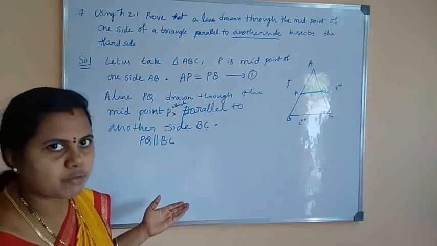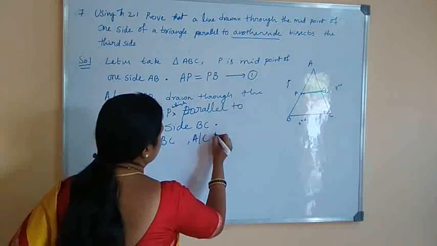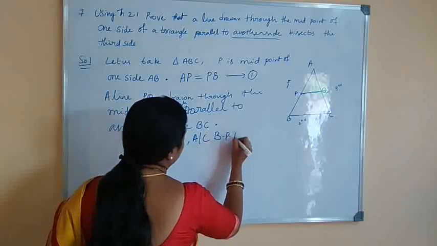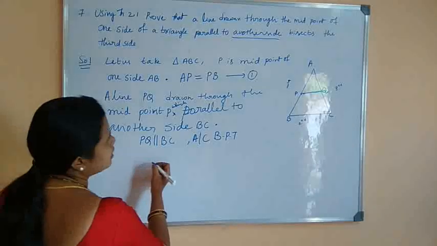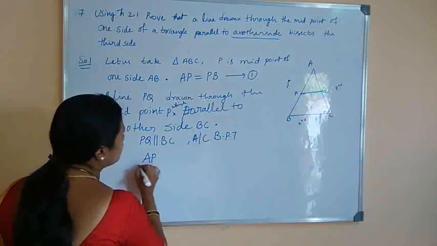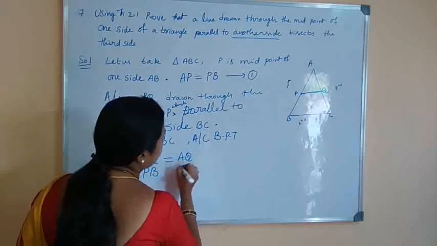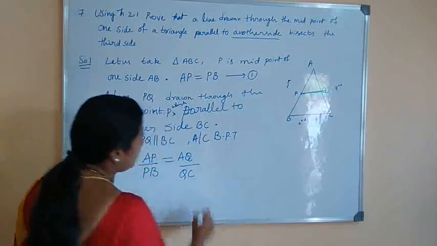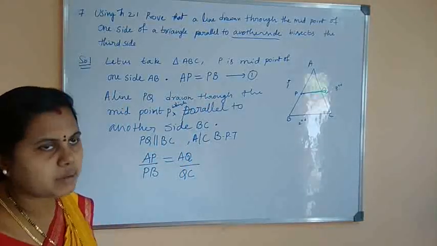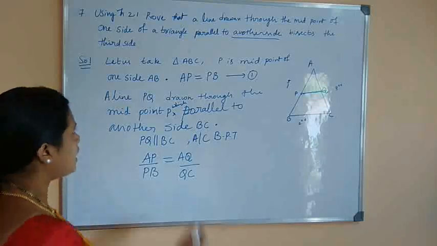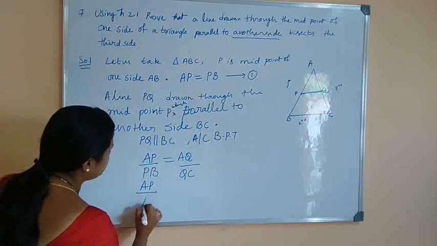Then do you want to use Theorem 2.1 or not? According to BPT, if a line is parallel to one side of a triangle, then it divides the other two sides in equal ratio. AP by PB is equal to AQ by QC. You know AP is equal to PB. In place of PB, I will substitute AP.